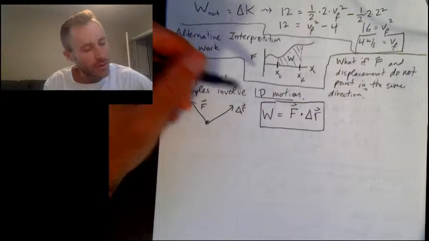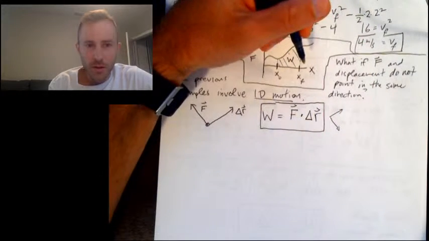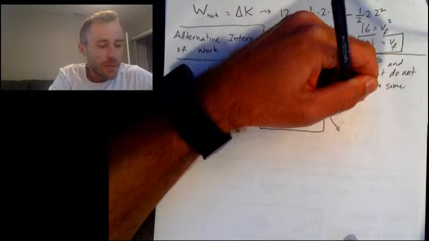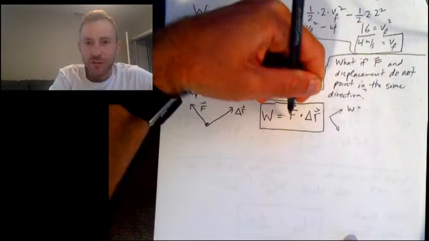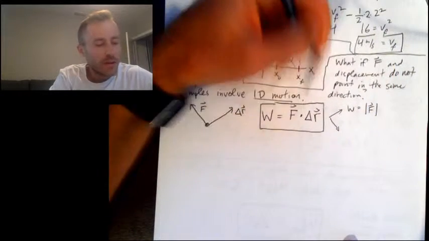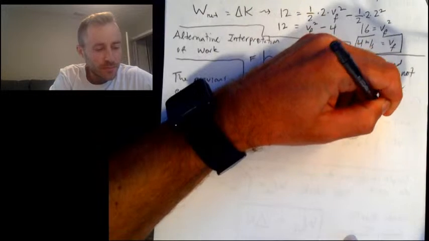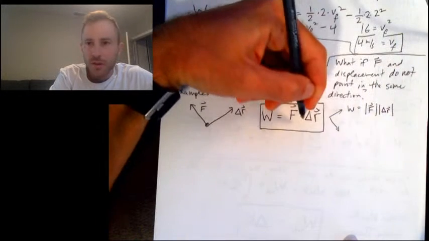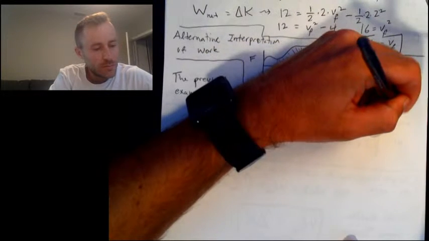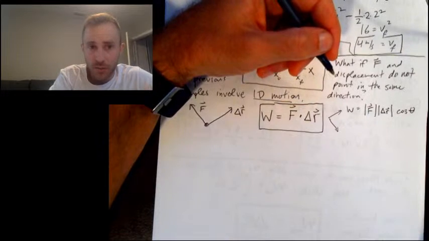Just to remind you about the dot product, there were two ways we could think about it. One way is to say work is equal to the magnitude of the force times the magnitude of the displacement times the cosine of the angle between the two.